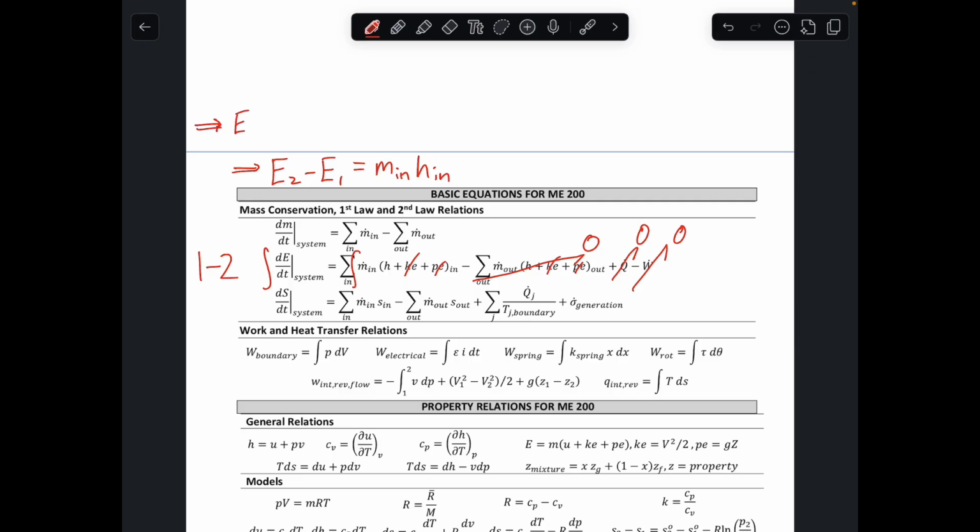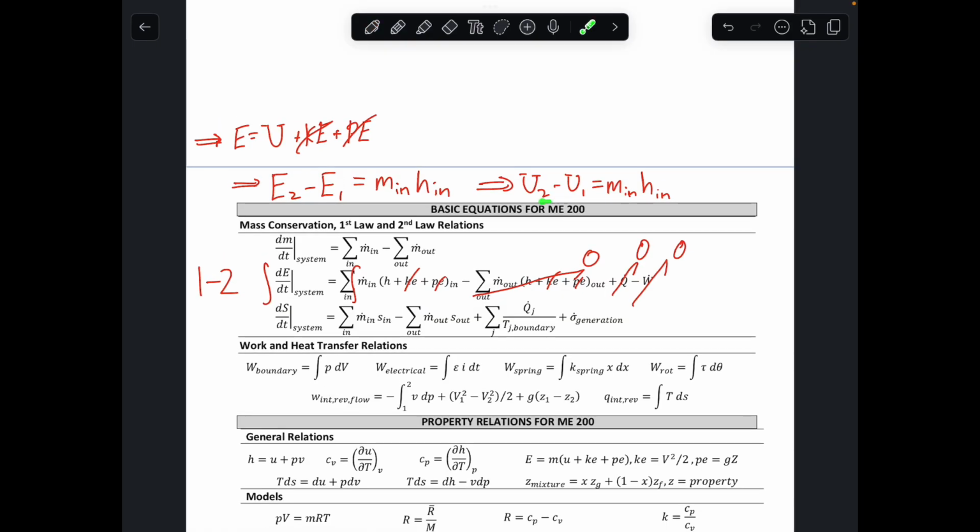We usually write E as equal to the internal energy plus the kinetic energy plus the potential energy at a given state, but these kinetic and potential energy terms will cancel out, and so what we're going to be left with is U2 minus U1 is equal to m in times h in.